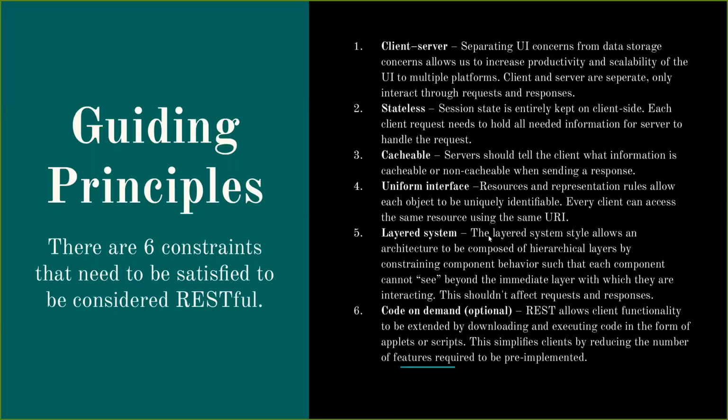The fifth one, layered system. All this means is that there are layers in the architecture that allow certain elements to be hidden from other elements, such as a layer that I talked about a lot with Spotify. Its restrictions were, if you want to add songs to a user's playlist, you would need to have authentication of the user to do that.